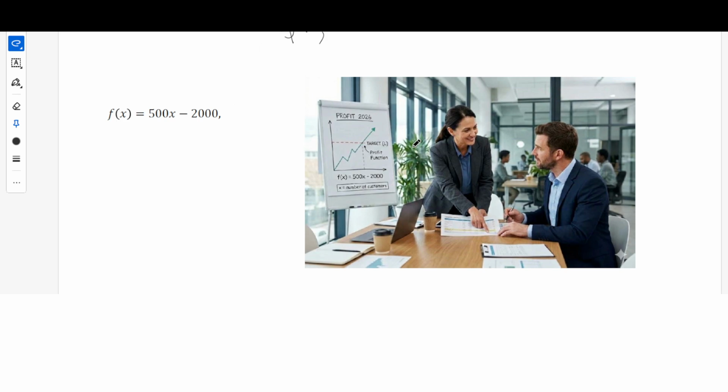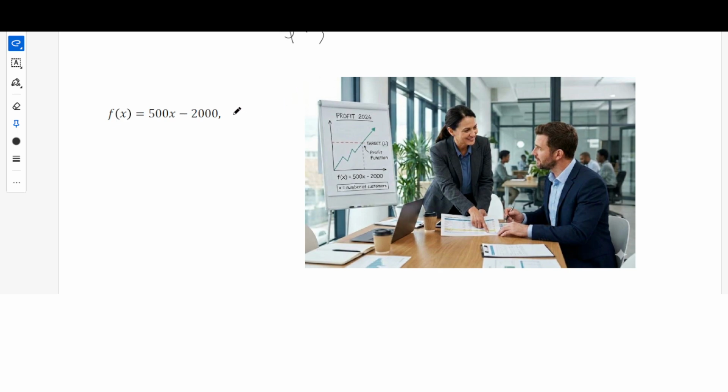And now you model your profit function using some linear, very simple function here. Let's say f of x represents the profit function for your company, where x represents the number of new customers you bring. So for each customer, there is a $500 profit. So if you bring 0 customers, then the company is in loss, which is 2,000 bucks.